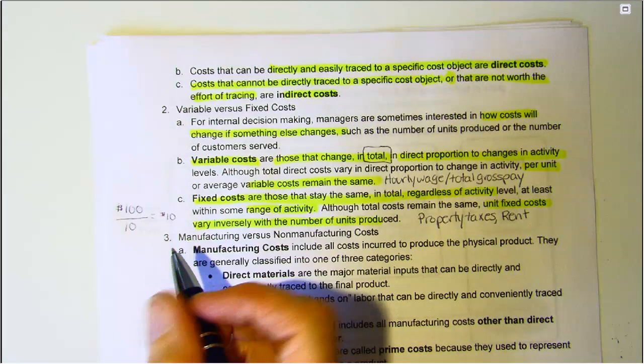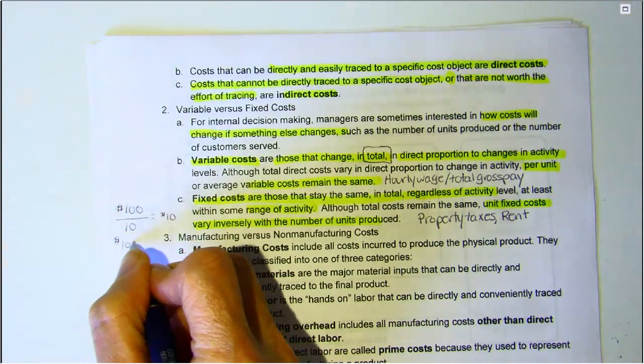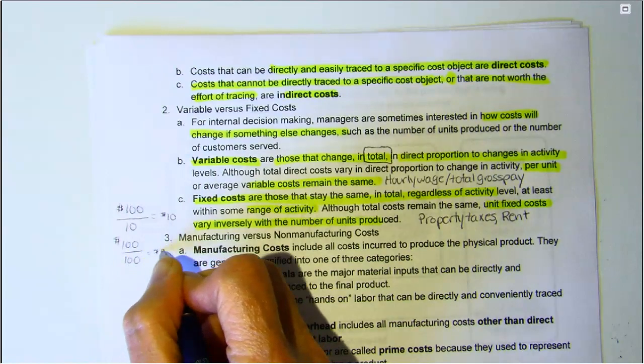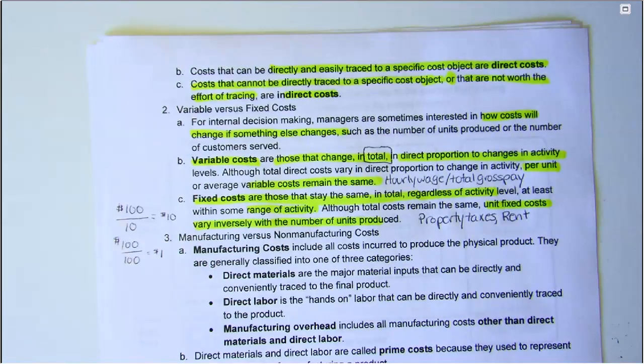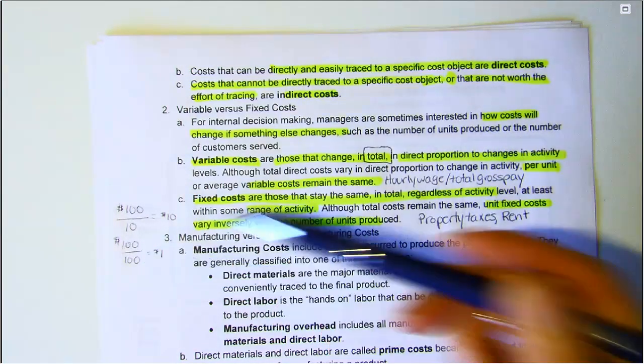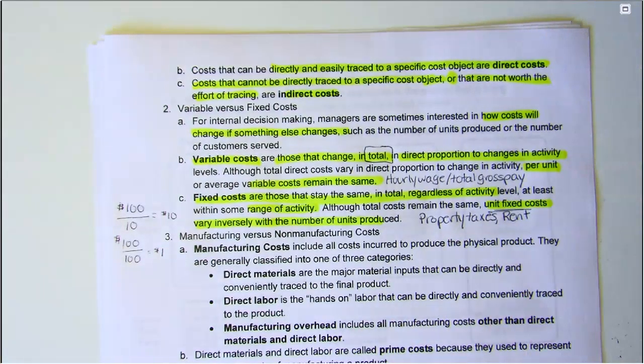However, if you make 100 pens, then you spread that fixed cost over 100 pens and the fixed cost becomes $1 per pen. As the pens go up, the per unit fixed costs go down. They vary inversely.